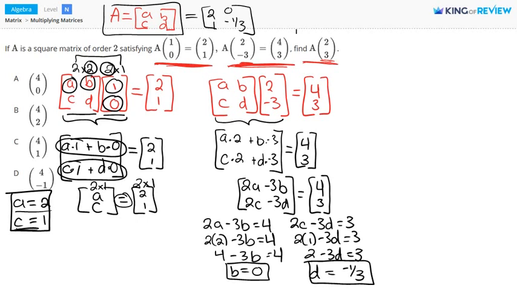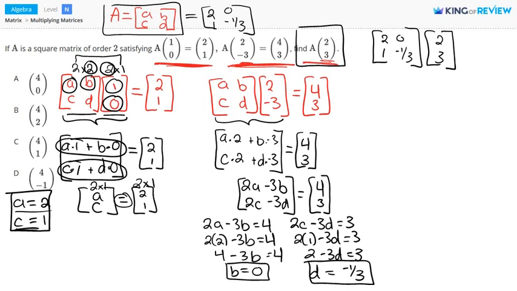What did the problem ask for? We're supposed to find matrix A times this matrix. So matrix A, 2, 0, 1, negative 1/3, times this matrix, 2 and 3. Again, we must check the dimensions to see if multiplication is allowed. This is a 2 by 2, and this is a 2 by 1. Because these numbers are the same, we can go ahead and multiply, and the dimensions of the product will be these outer numbers.